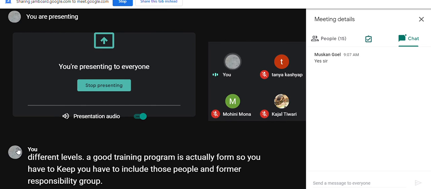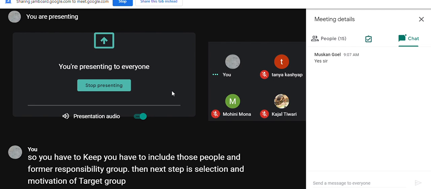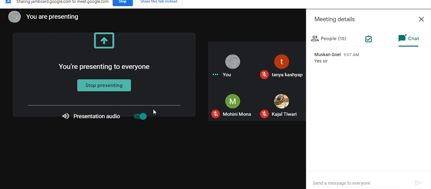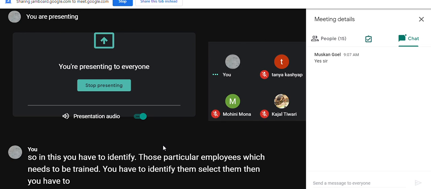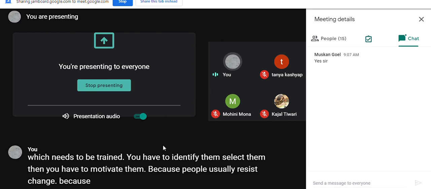Then the next step is selection and motivation of target group. In this you have to identify those particular employees who need to be trained. You have to identify them, select them, then motivate them, because people usually resist change, as everyone wants to remain in their comfort zone.